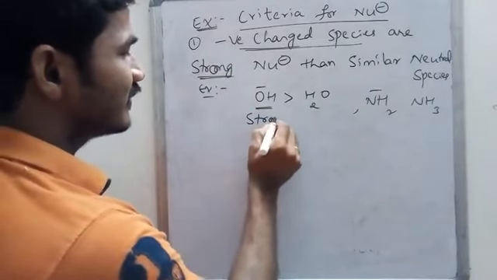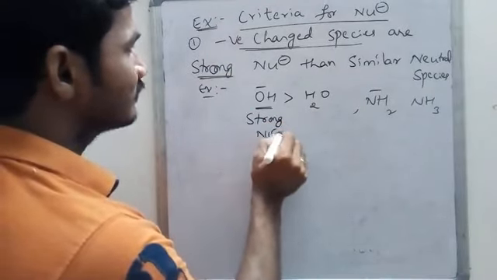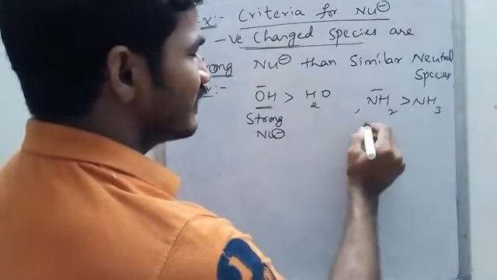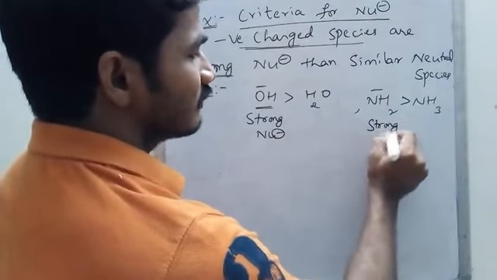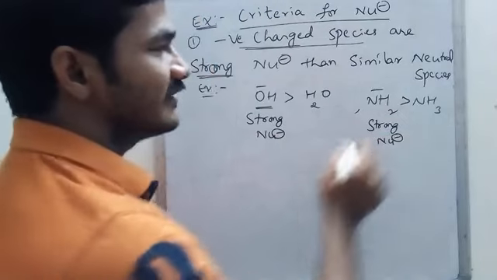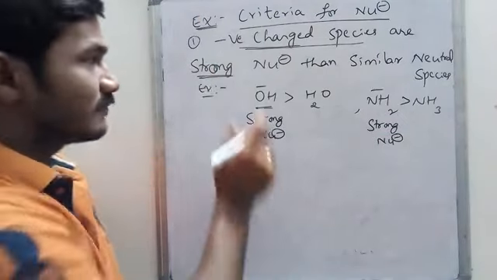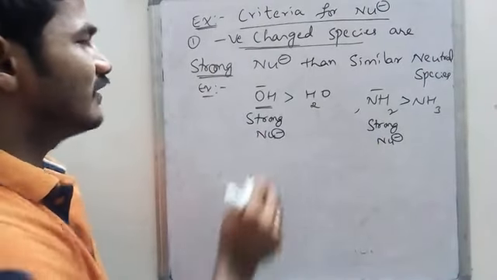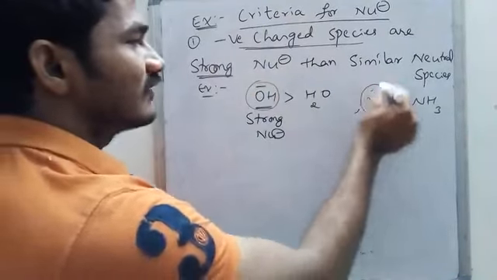OH minus is a strong nucleophile and H2O is a weak nucleophile. Similarly, NH2 minus is a strong nucleophile and NH3 is a weak nucleophile. So the point is, negatively charged species are always strong nucleophiles.